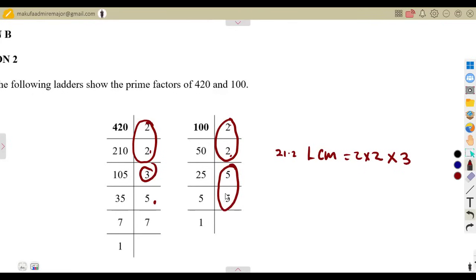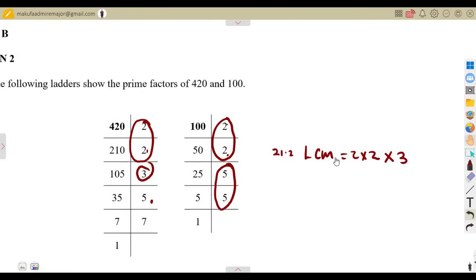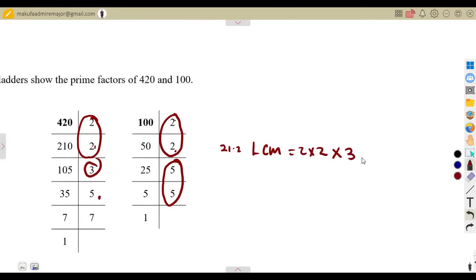Yes, there's a 5, but here they are many. So you're going to take where they are many for the LCM. So that's going to be 5 times 5. Then a 7 is there. Even though it's only 1, I have to take it for the LCM. You take every number that you are given there.